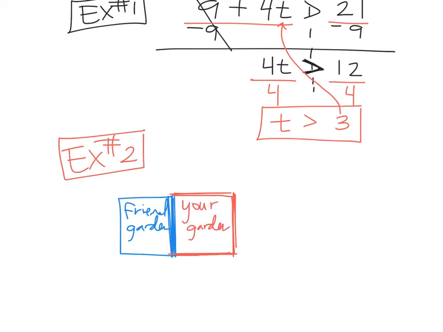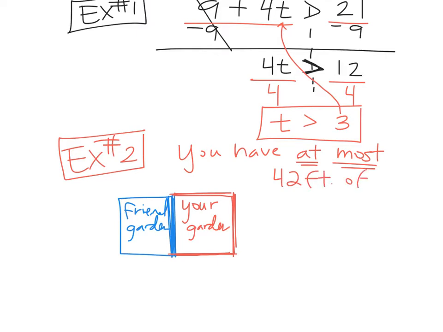Okay? Here's what it says. Scratch that. You have at most, and there's your key word that helps you to see what symbol you're going to be using. You have at most 42 feet of fencing. Okay. What are the possible lengths of your garden?